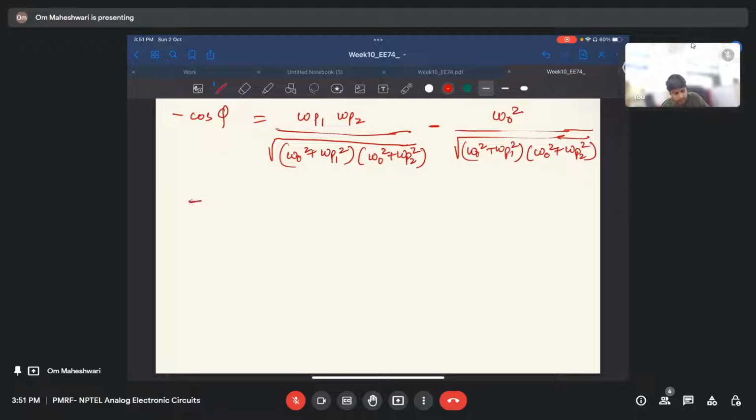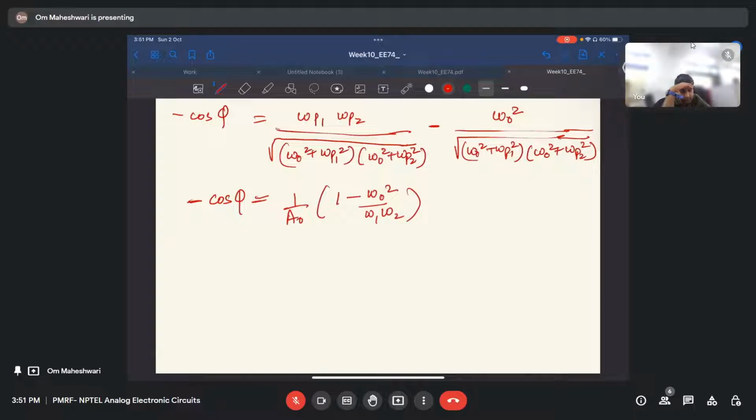If you see, in one of the videos, sir has given this formula for the phase margin as cos phi equals 1 by A naught times 1 minus omega naught square by omega p1 omega p2.